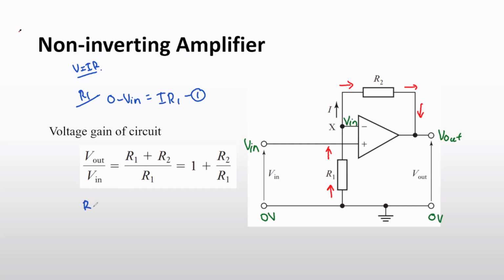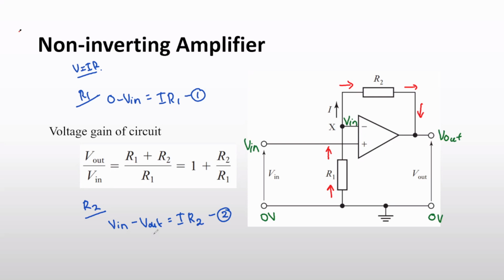And the second one is R2. From V in, the voltage towards the V out. V in minus V out is equal to I R2.